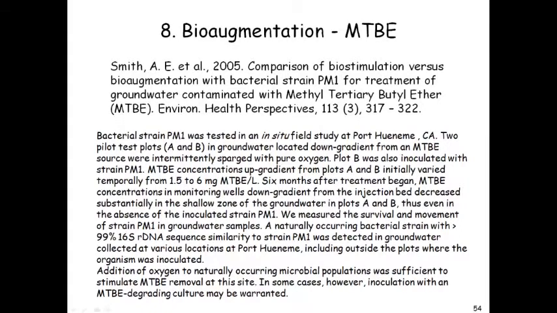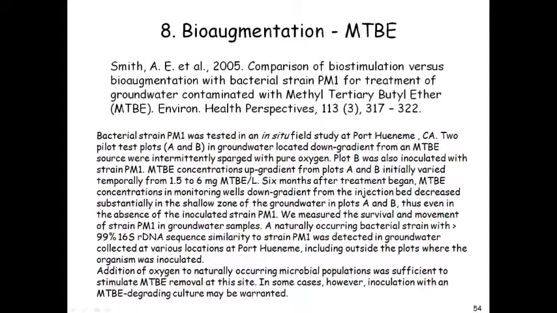This occurred at the Port Hueneme site. Two test plots were developed, down gradient of an MTBE source, and they were both sparged with oxygen, so both had oxygen addition. Plot B was also inoculated with this PM1 strain of MTBE degraders. Although concentrations were quite variable, there was evidence that MTBE was degrading in both systems down gradient of the injection zone.